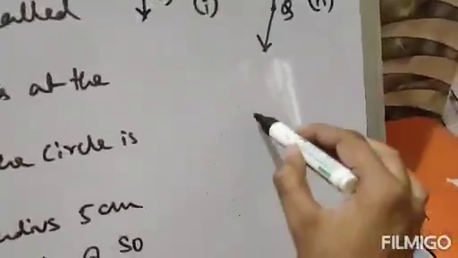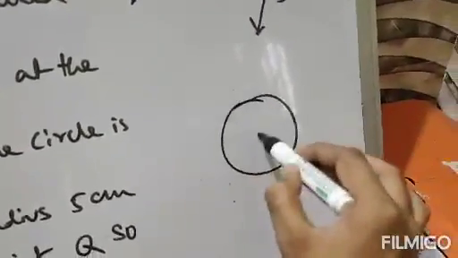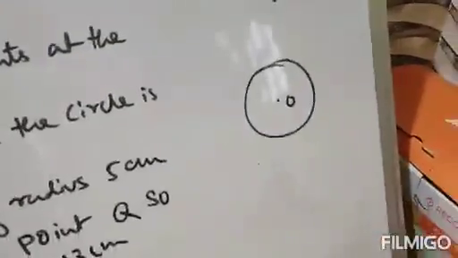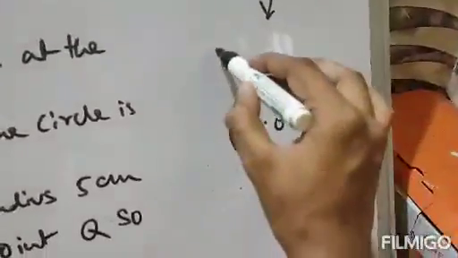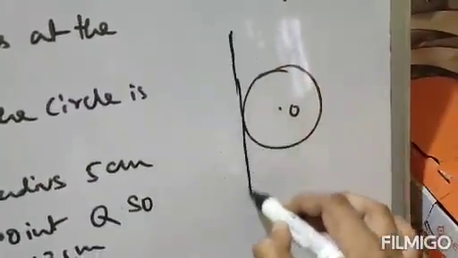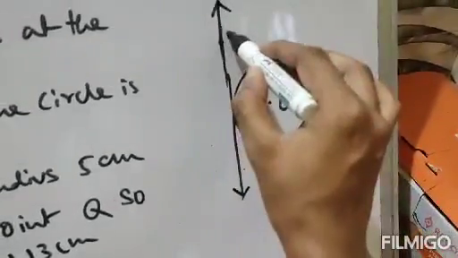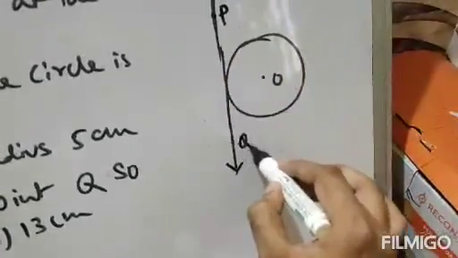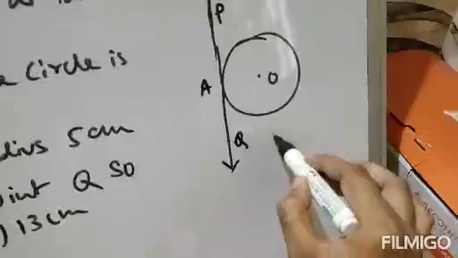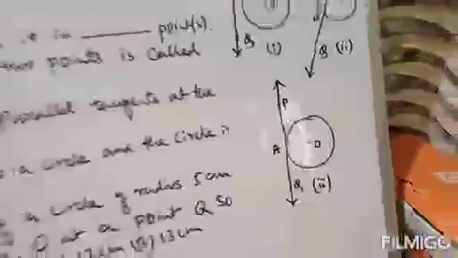And the third figure is a circle. This is a point O, point P and point Q, and this point is point A. So three figures are there.